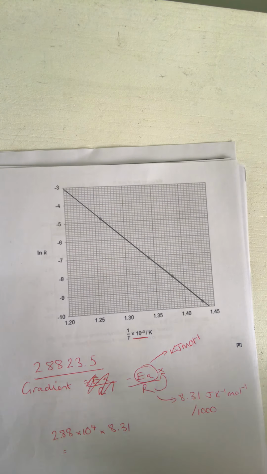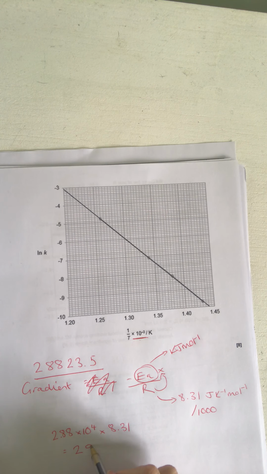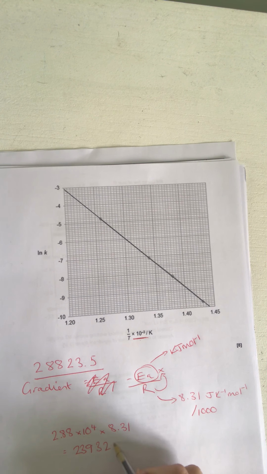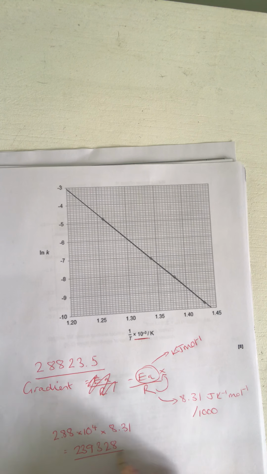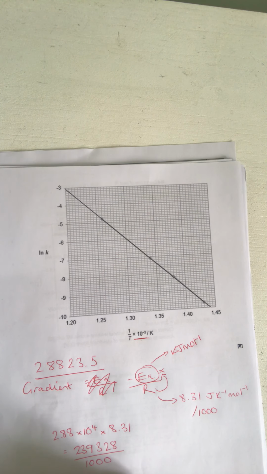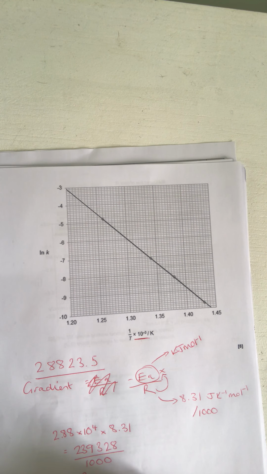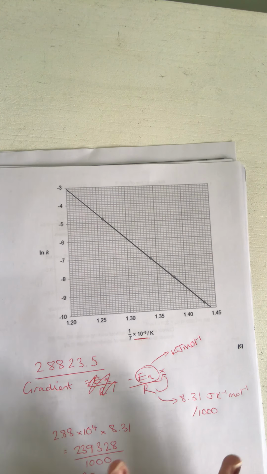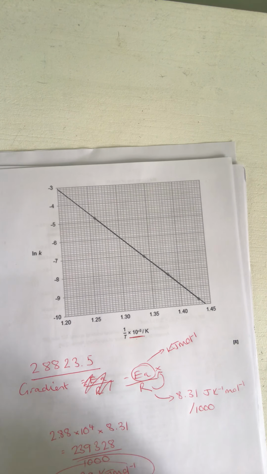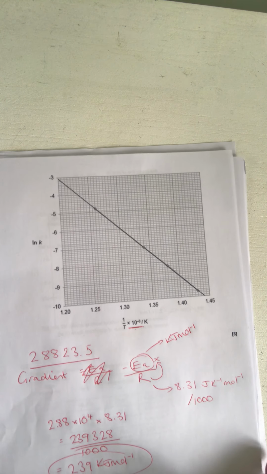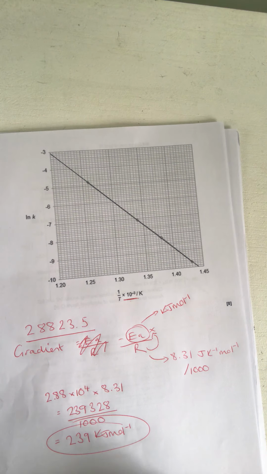Okay, that gives me 239,328. I then need to divide that by 1,000, and that is going to give me 239, to 3 significant figures, kilojoules per mole. And that is my final answer.